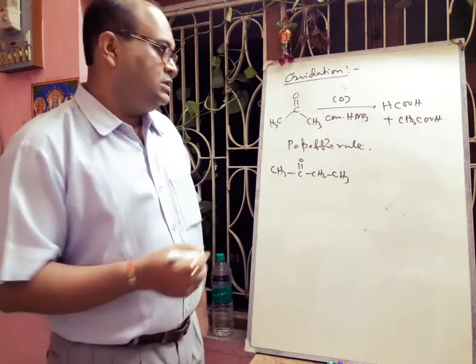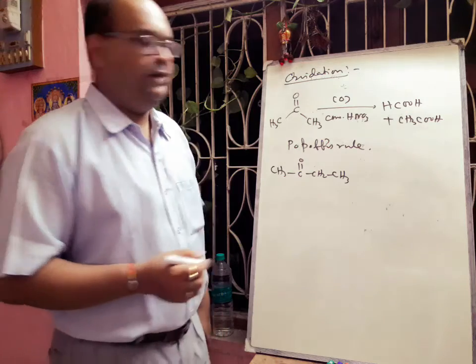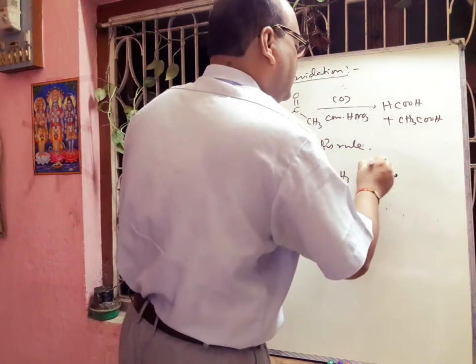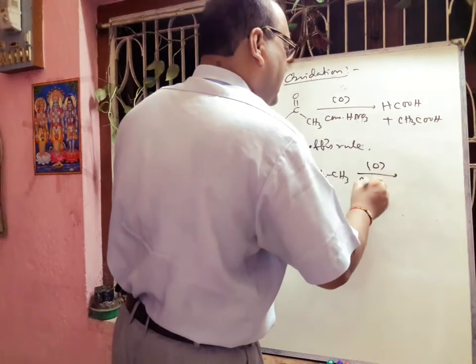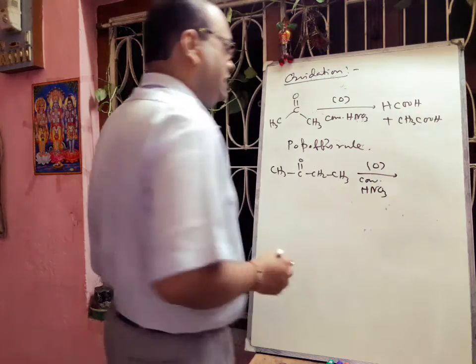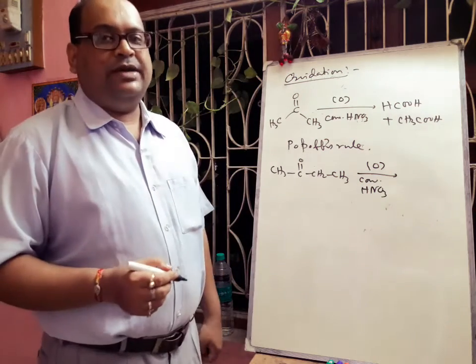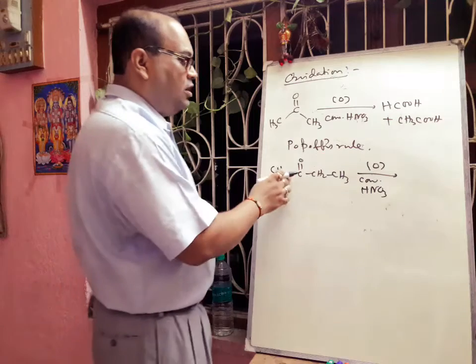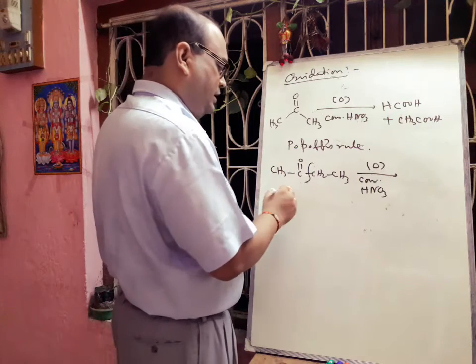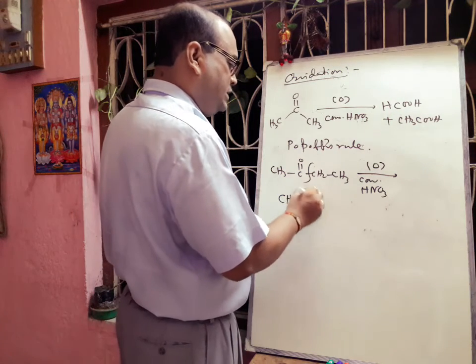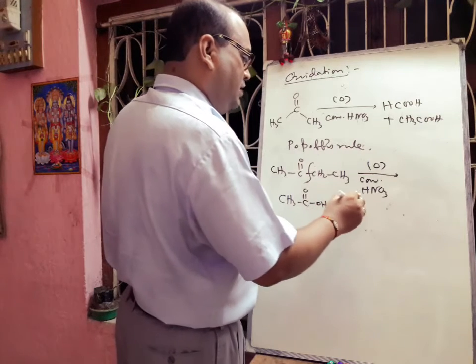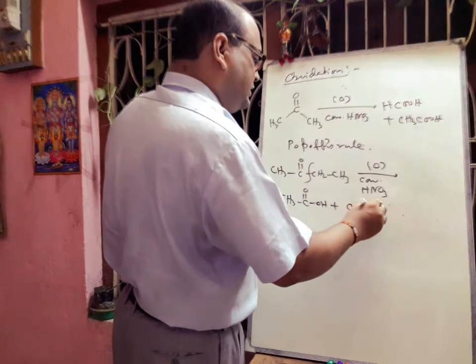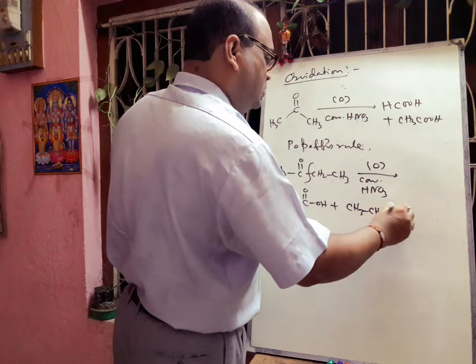If we take one example, then you can easily understand: CH3COCH2CH3. This is butanone. Here if we give concentrated nitric acid as the oxidizing agent, then what will be the major product? Definitely this side will not break. Here it will break. It will form CH3COOH plus CH3CH2COOH.